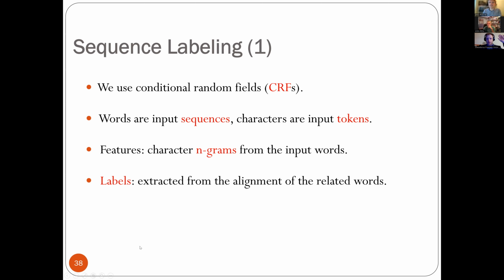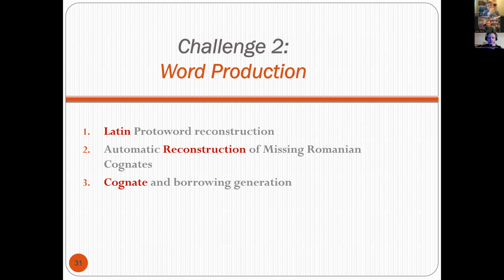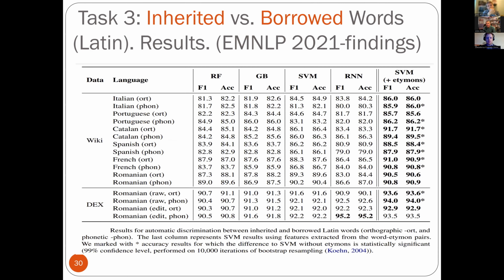Joyce, you want to ask a quick one, if that's okay? Yeah, go ahead. You made a distinction between inherited words and cognates, but I'm still not sure that I completely understand the difference. The difference between inherited and borrowed words? Between inherited words and cognates. I made a distinction between inherited and borrowed, not cognate. Okay, sorry.